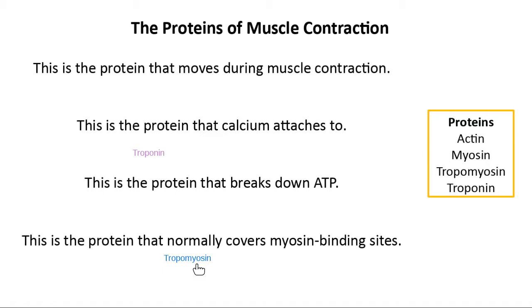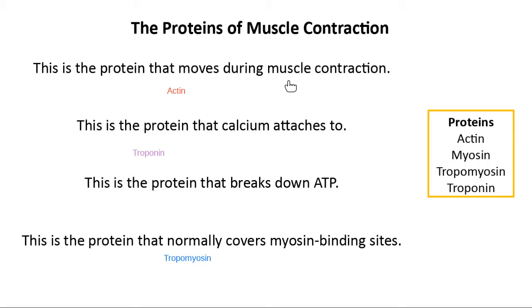When myosin and actin interact with each other, one of them is going to move, or slide. It's going to be pulled past the other one. Do we remember, was it myosin or actin that actually moves during muscle contraction? Yeah, exactly. Actin is the protein that actually moves. It moves because myosin that attached to it changes its shape.